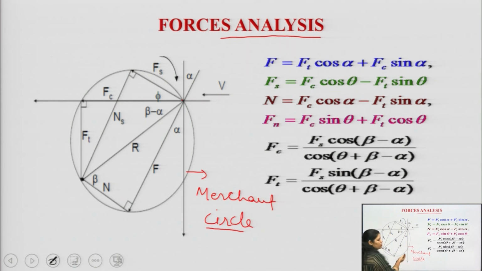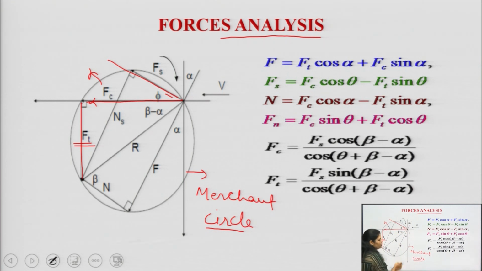As we discussed in our last lecture, this is the horizontal force, and this horizontal force is known as the cutting force. One force acting normal to this cutting force is known as the thrust force or the vertical force. We have denoted it with Ft.